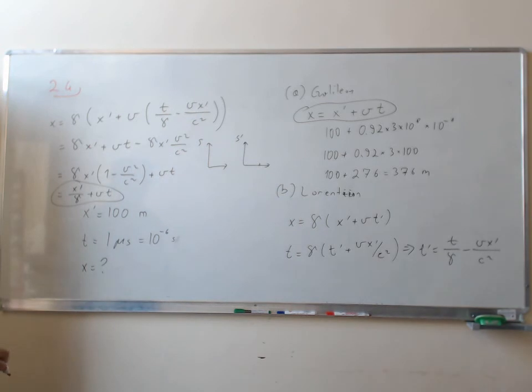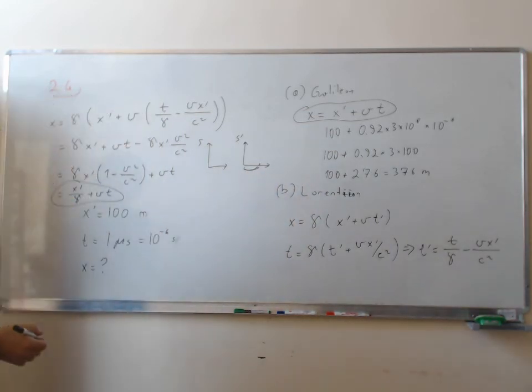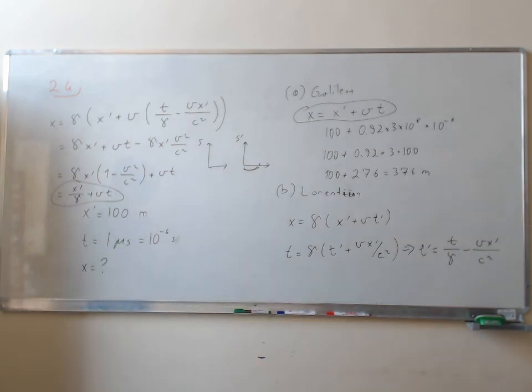So you might argue that this object is going to move a little bit forward by v times t, and then this whole distance is going to get contracted, right? And this is exactly what's happening. The distance is getting contracted and it moves forward by v times t. But it's easy to see this after doing it, right? It's very easy to make an incorrect argument by, for example, trying to transform time as well, and so on and so forth.